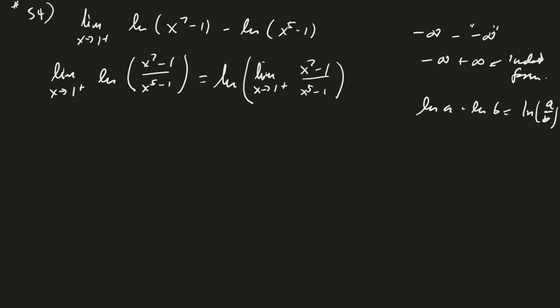Good. And now this expression here is ready for L'Hopital, right? Because we got a 0 over 0 form. So that's going to be the log of, excuse me, let's see, 7x to the 6th divided by 5x to the 4th.